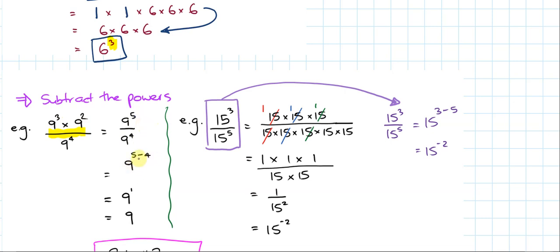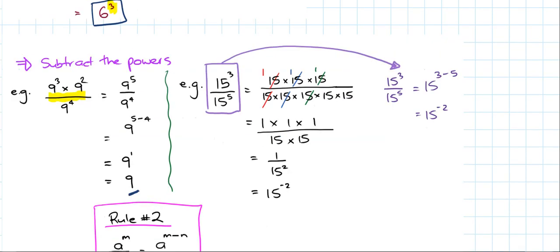So 9 to the power of 5 minus 4 is the same as 9 to the power of 1, which is just the same as 9. So this second rule of indices is based on the fact that as long as the base is the same, we subtract the powers.